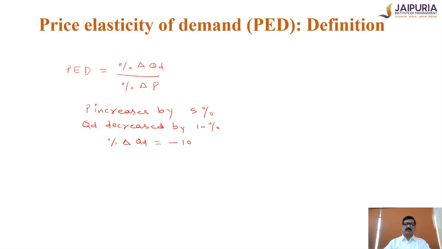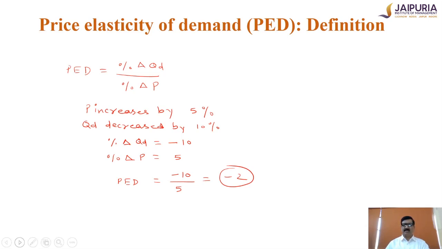Why minus 10? Because quantity demanded decreases as a result of increase in price of the product, and percentage change in price will be equal to 5. It is plus 5 because price has increased. So PED will be equal to minus 10, that is percentage change in quantity demanded, upon 5, that is equal to minus 2. So price elasticity of demand in this case is minus 2.